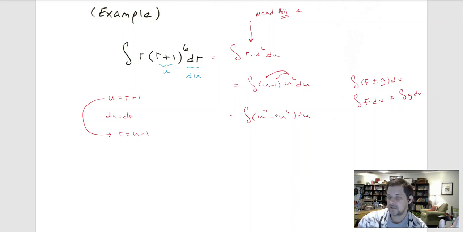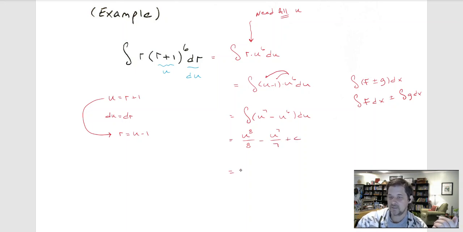So the fact that there's this minus here, now that I've distributed, it's not a problem. This is the antiderivative of u to the 7th power du. And then separately subtract the antiderivative of u to the 6th power du. So if I use our basic rule on those in this manner, then I get u to the 8th power over 8 minus u to the 7th power over 7 plus c, okay?